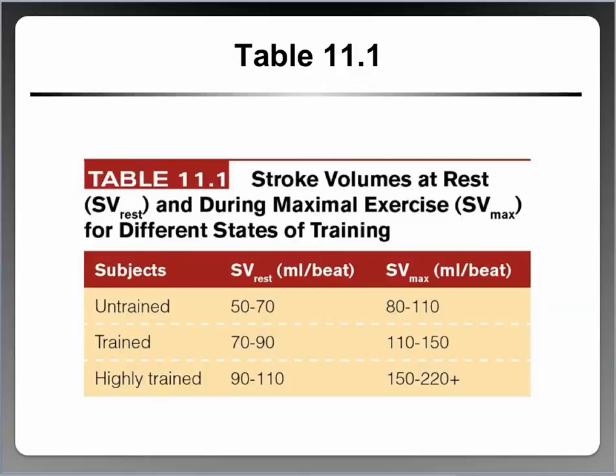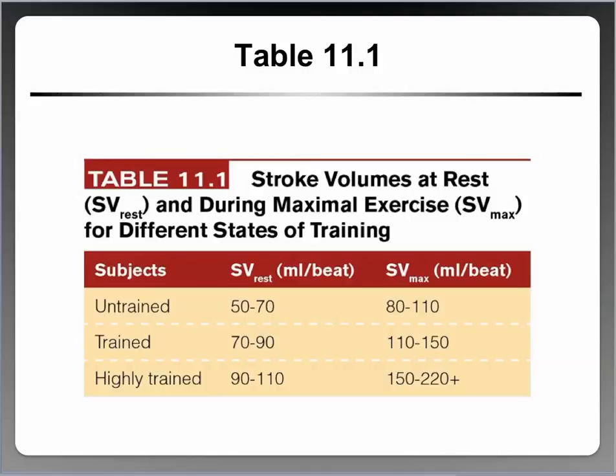And this table gives us an idea of what the increases in stroke volume would look like both at rest and at maximal exercise. So you've got untrained subjects on the first line at rest, and we've got a range here, and the range is due to differences in body size. So somebody that's larger is going to have a larger amount of blood volume and a larger amount of stroke volume.